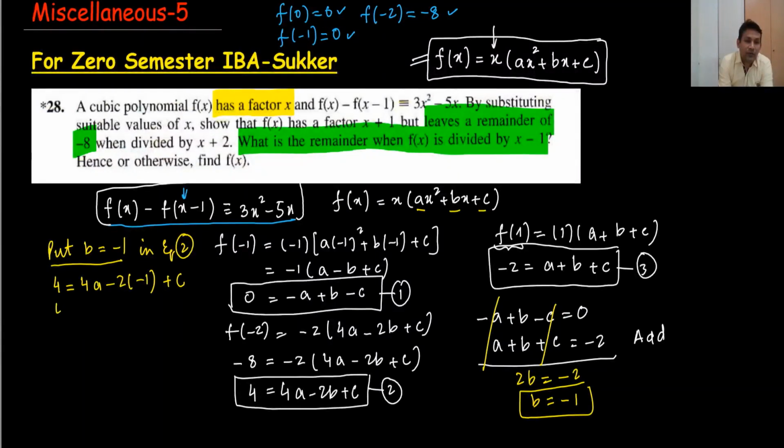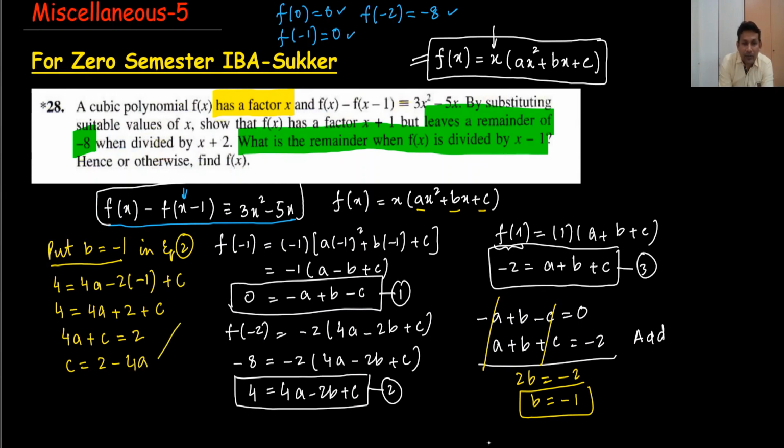So 4 equals 4a plus 2 plus c. So 4a plus c equals 2. Since a and c are there, we can write c equals 2 minus 4a.